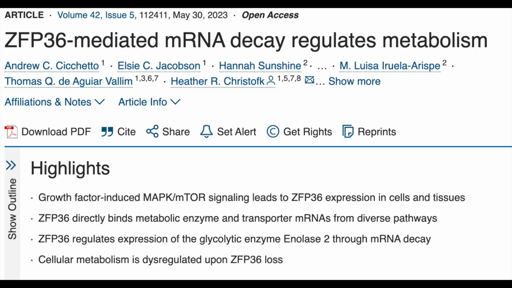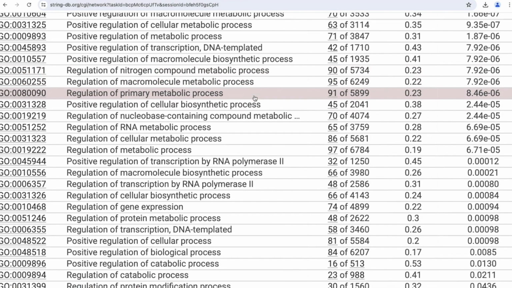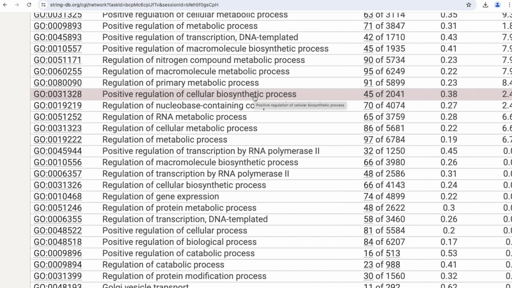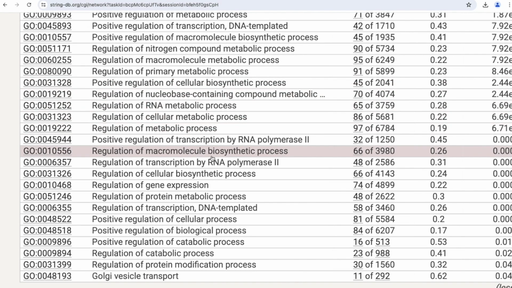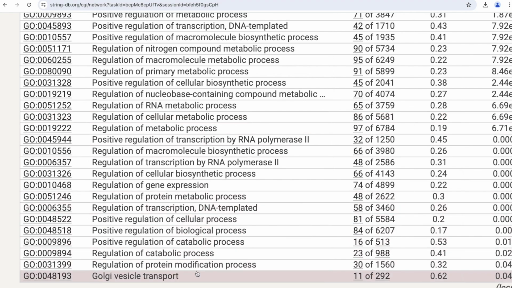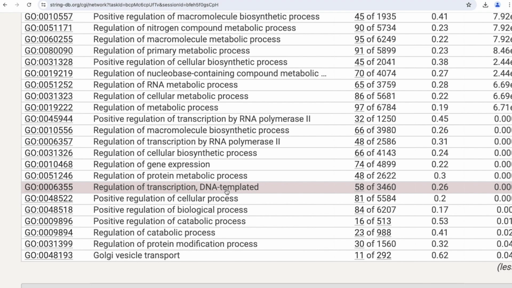Macromolecule biosynthesis, nitrogen, primary metabolic process. This is definitely biosynthesis of some kind. And usually this pathway is probably producing something that's getting modified. You also see Golgi vesicle transport as well. But yeah, there's something metabolic going on here.